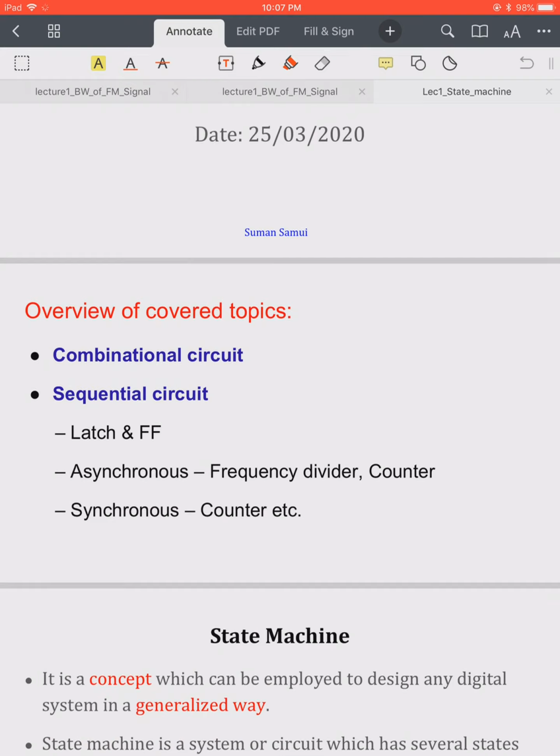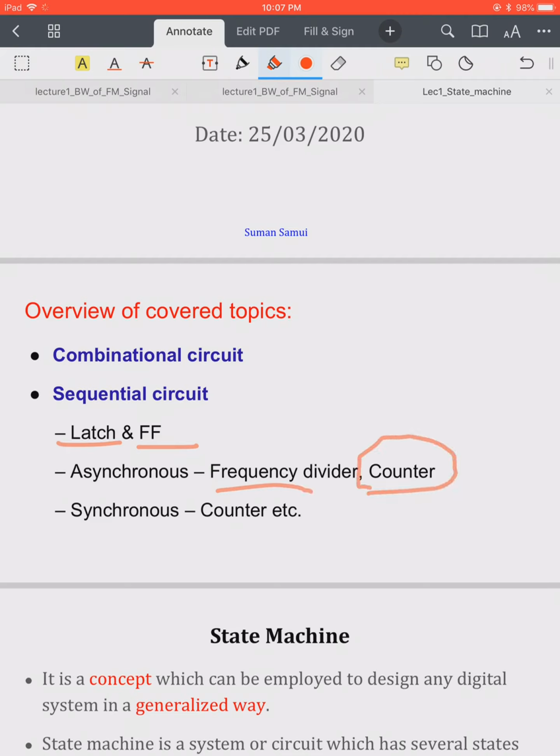You have some idea about latch and flip-flop, that is the clocked latch basically. You have understanding of synchronous circuit, asynchronous circuit, some application of flip-flops like frequency divider and counter, synchronous counter, asynchronous counter. So we already covered this part, right?